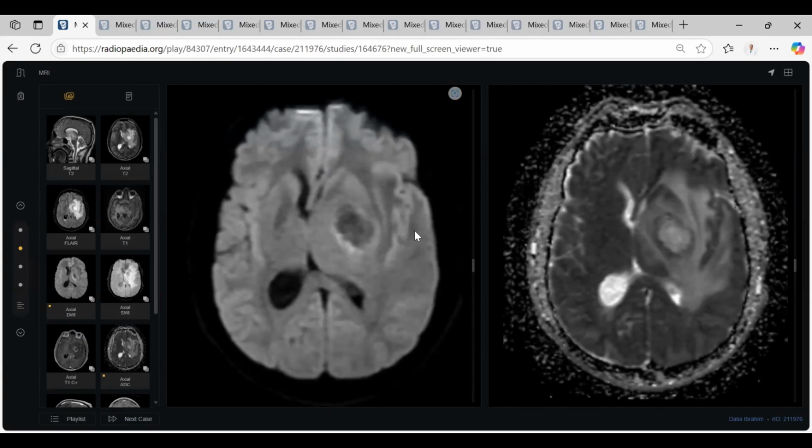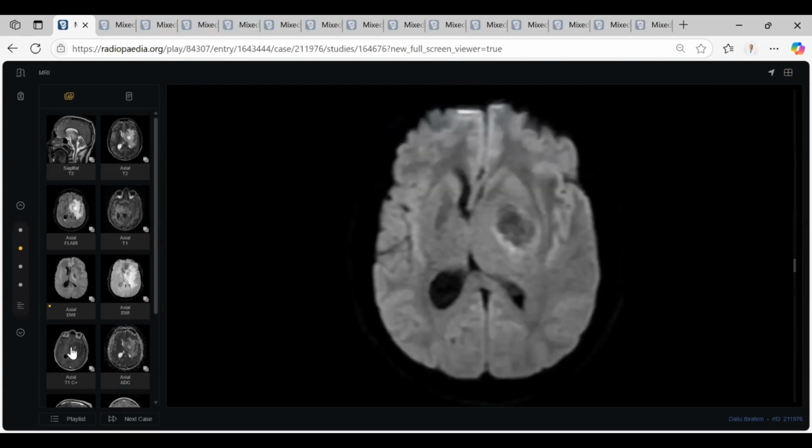It's only the peripheral rim of the region. So what's your differential?